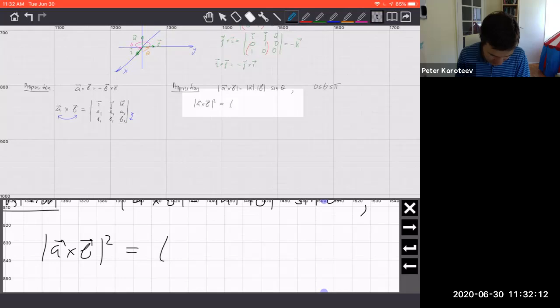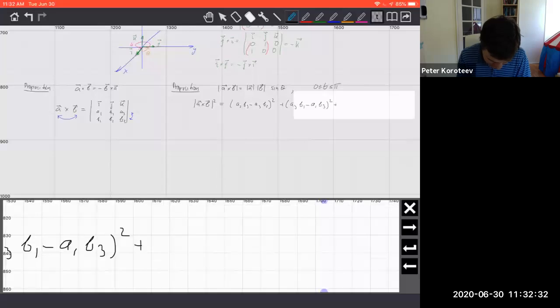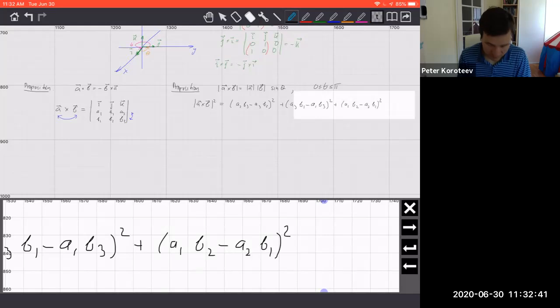The first component was A2B3 minus A3B2, squared. The second component is A3B1 minus A1B3, squared. And the third component is A1B2 minus A2B1, everything squared.